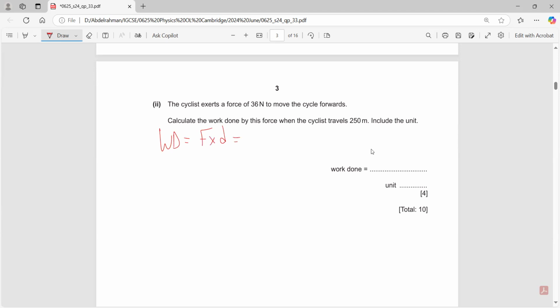The force is 36 newtons and the distance moved is 250 meters. So 36 times 250 is 9,000. What is the unit? Work done is energy, so joules. Exactly. Excellent. Okay, next question.